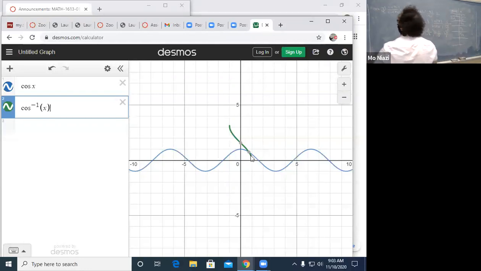What's the tangent of pi over 3? That's the sine of pi over 3 over the cosine of pi over 3. That's root 3 over 2 divided by 1/2. That's equal to, cancel out the 2's, we just get a root 3.